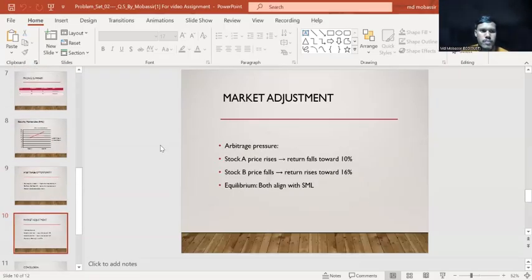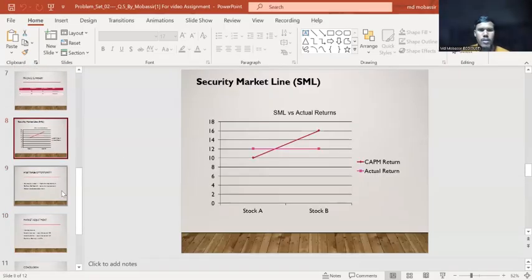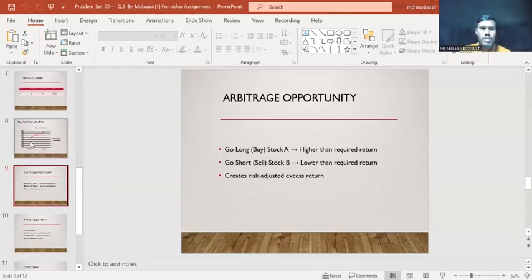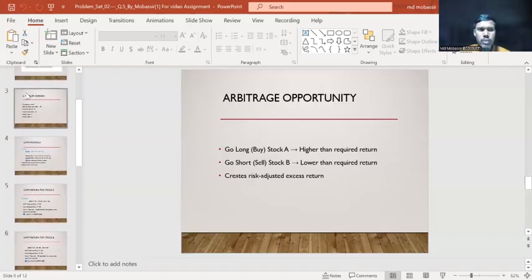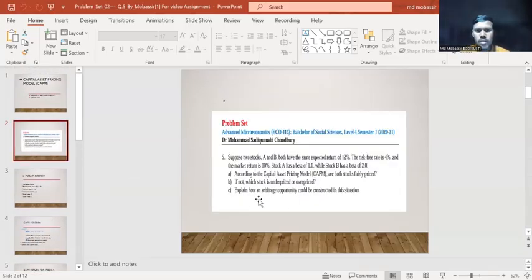And let's see. Okay, our problem C was to explain how an arbitrage opportunity could be constructed in this situation.